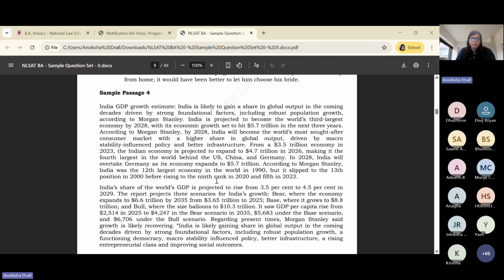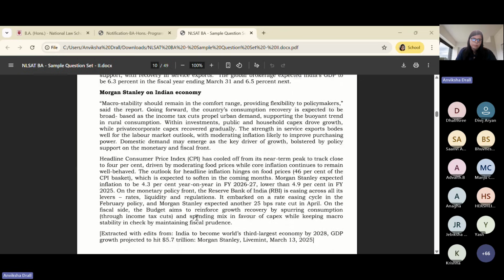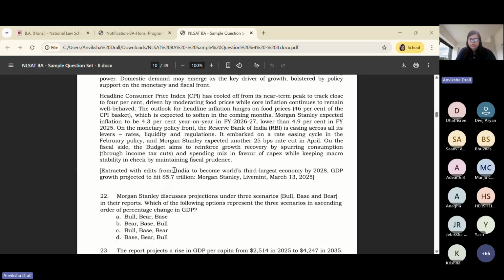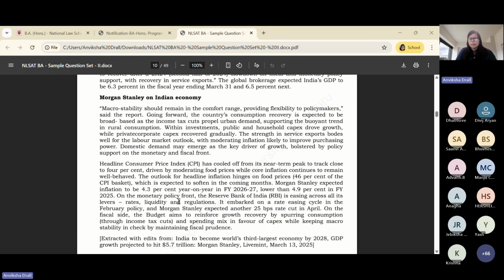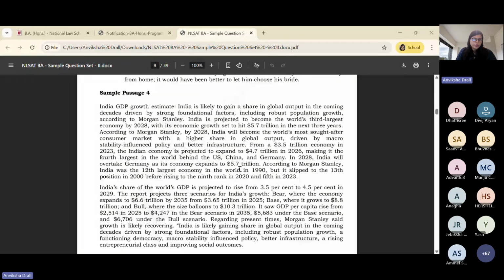Before starting, I would like to mention that this is a passage from Live Mint newspaper from year 2025. And these are some edited portions of the article from the newspaper.